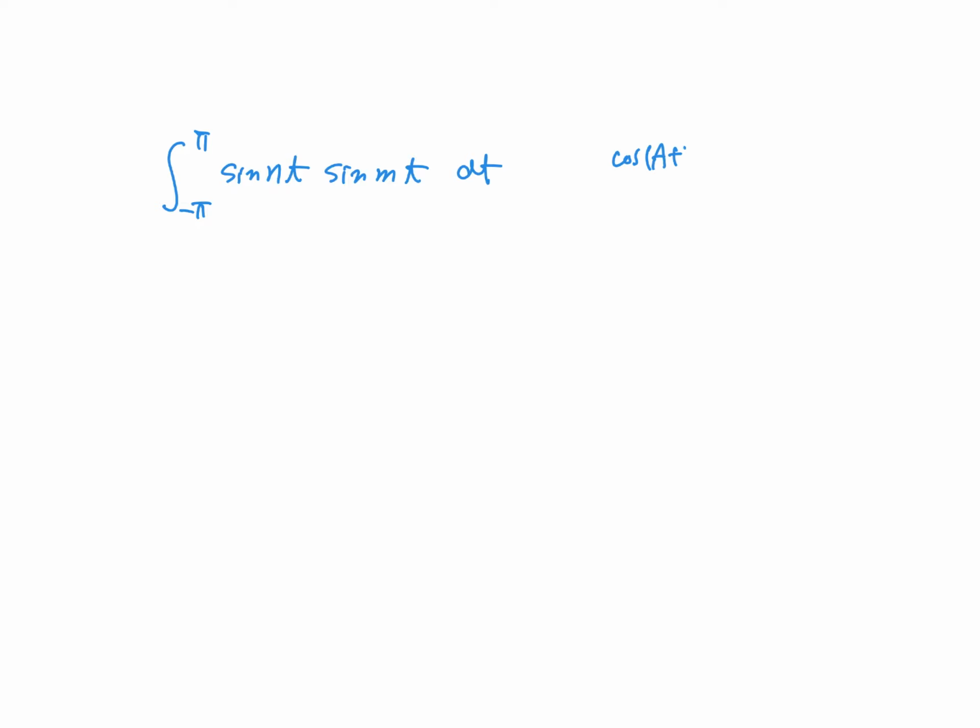Cosine a plus b is cosine a, cosine b minus sine a, sine b. Cosine a minus b is cosine a, cosine b plus sine a, sine b.